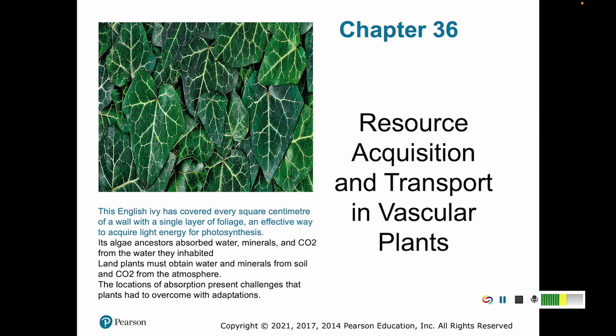And so we're going to talk in this chapter about how plants are able to acquire and transport those resources, how they're able to acquire water, minerals, and carbon dioxide, and how it transports those resources around the cell or around the plant as it needs them.